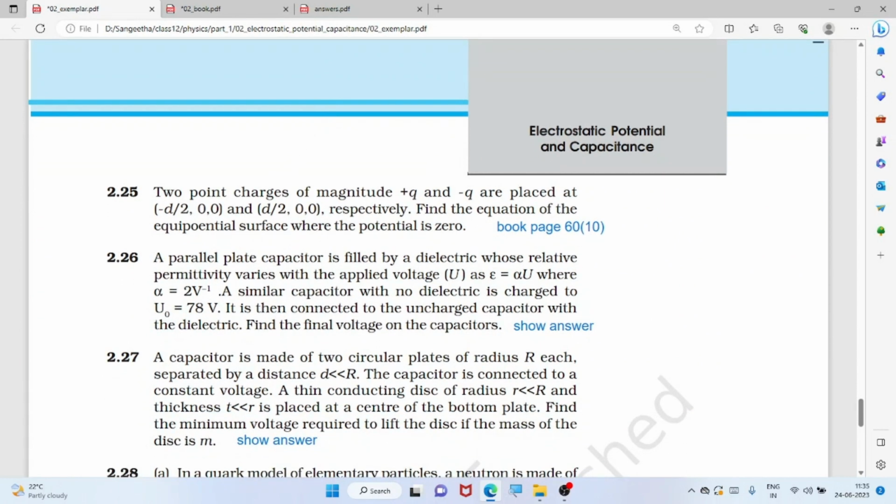Two point charges are placed, okay, on one axis respectively. Find the equation of the equipotential surface. If these two are in one axis, then the equipotential surface will be in the other two axes. So this is 2.25.